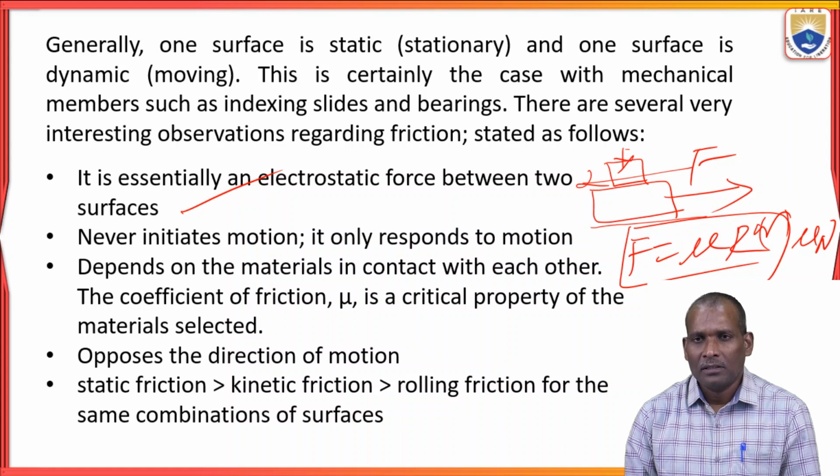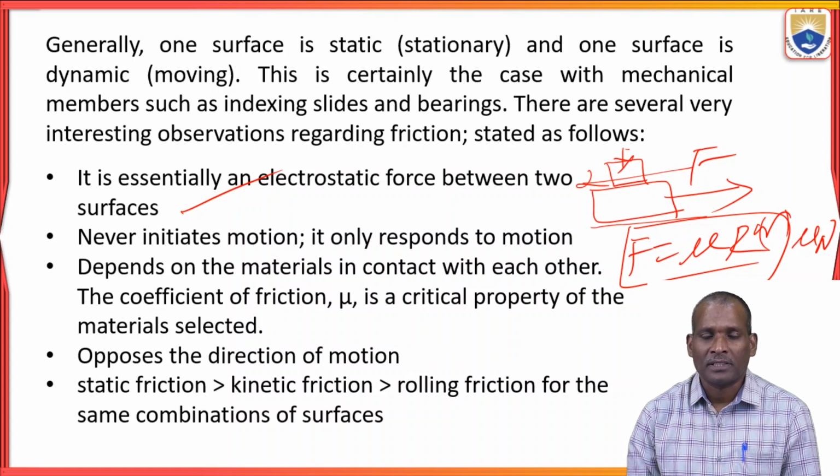Here there are three types of friction: static friction, kinetic friction, and rolling friction. These are the main three. Fluid friction is also there. I will discuss that in the upcoming slides. When compared to kinetic friction, static friction has a higher value.